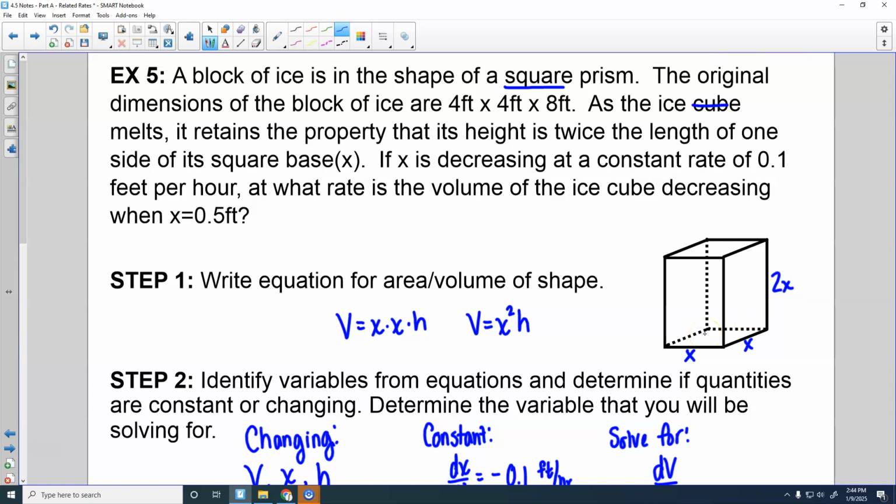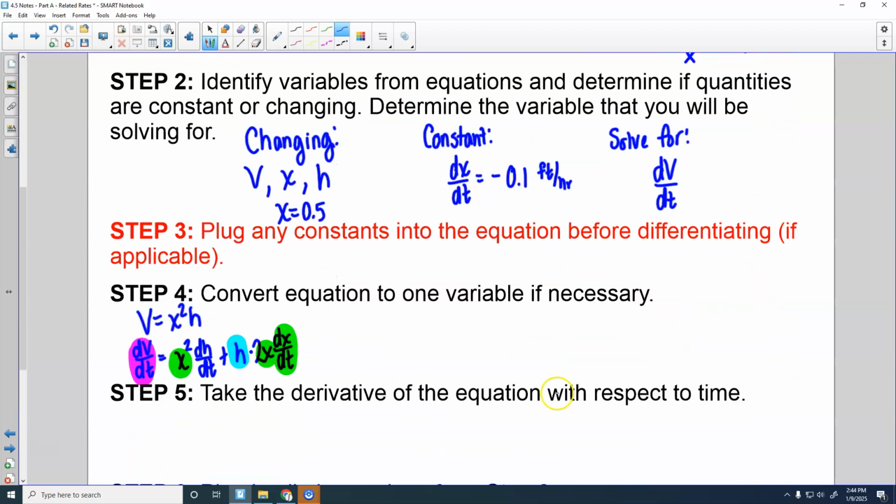That should still give me the same shape, right? So if that's the case, that means that we don't want to do this, but we want to do v equals x squared times 2x. So instead of height, we were going to use 2x. And that would mean volume equals 2x cubed.